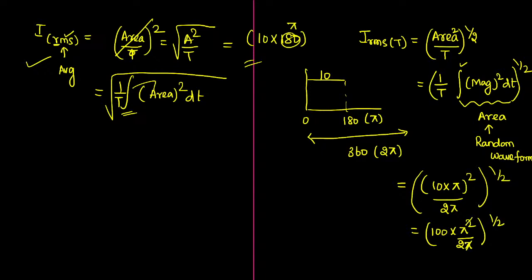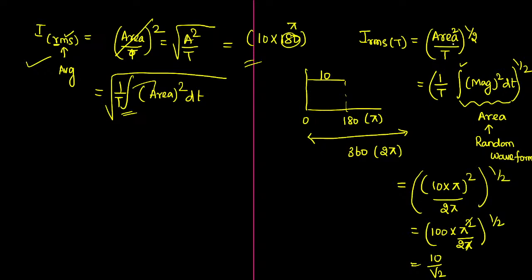So 1 pi will be cancelling here. Yes or no? Yes sir. It will automatically get cancelled out. Because here I did some mistake. If you take 10 outside, 100 outside will become 10. If you take 2 outside, it will become 10 by root 2.